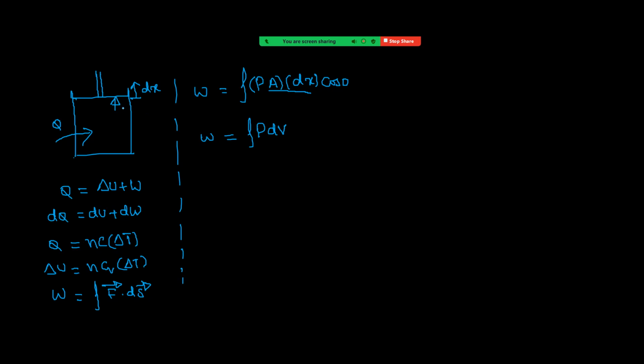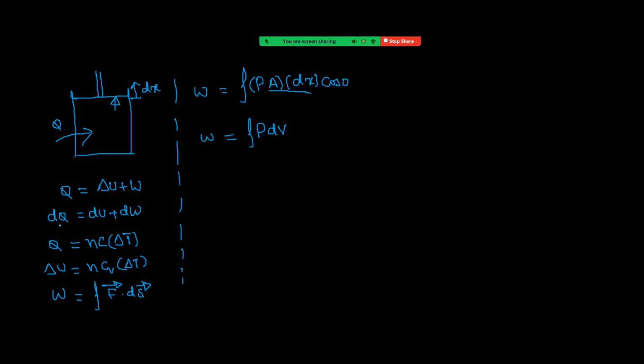If the gas is compressed, the force by the gas is outwards, but the displacement is downwards. That means it will be cos 180. So work done by the system is positive if the gas is expanding, negative if the gas is compressed.